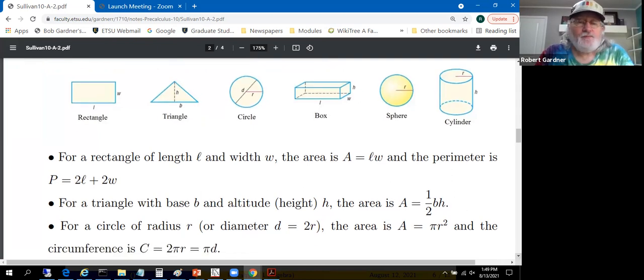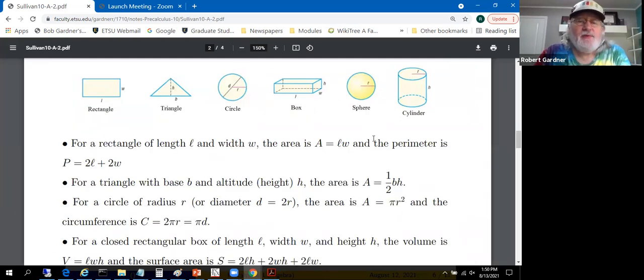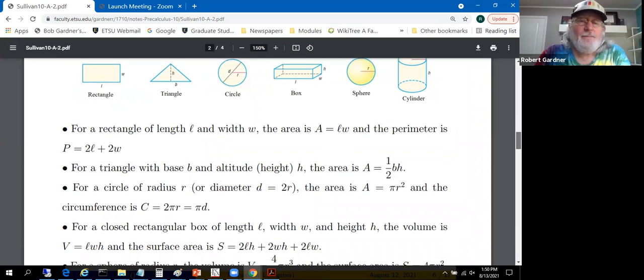Circle of radius R, or equivalently diameter D equals 2R. The area of a circle is pi r squared, and the circumference of a circle is 2 pi r. Well, 2 times r equals d, so we could also write that as pi times d. All right, let me make it a little bit smaller here so we can see the pictures and the formulas at the same time.